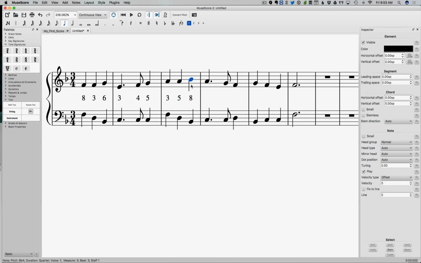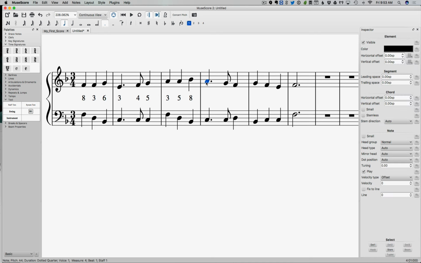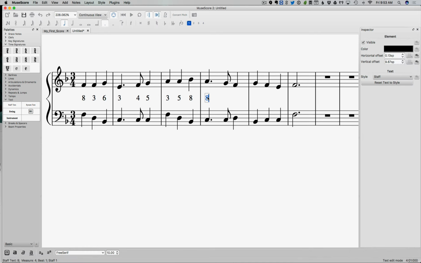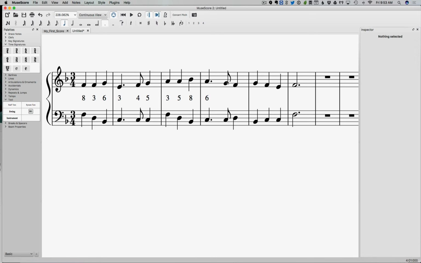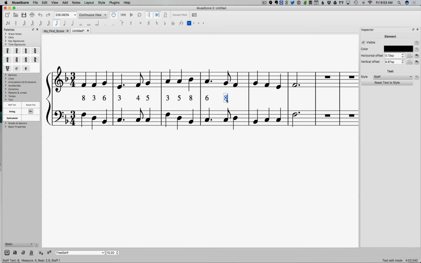A B flat to a B flat is an octave. A C to an A is a sixth. A C to a G is a fifth.